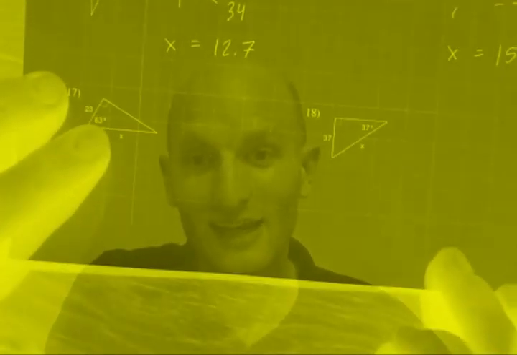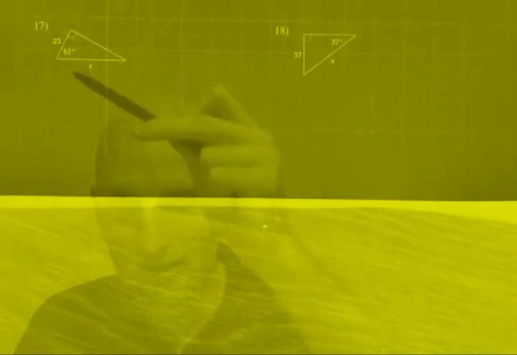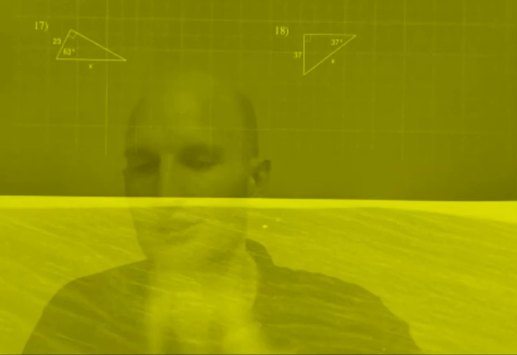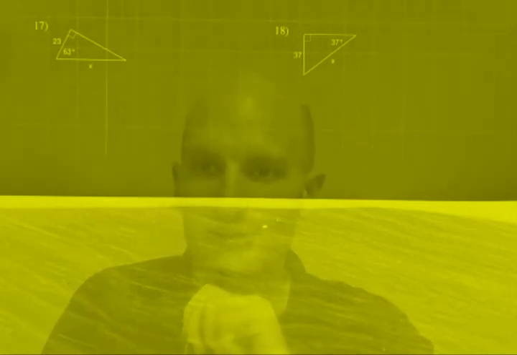114. Finding unknown angles using trigonometry is class 114. We have an angle, and then right here is the 63 degrees, and then 23 is the adjacent, and x is the hypotenuse. So that's going to be cosine.